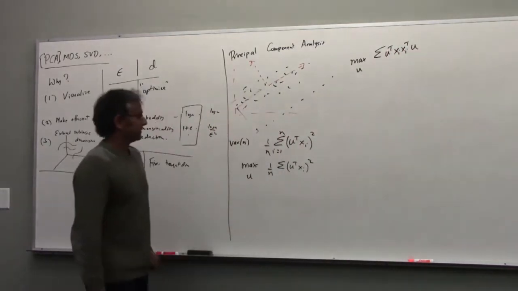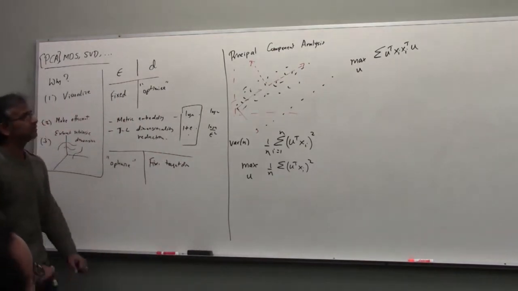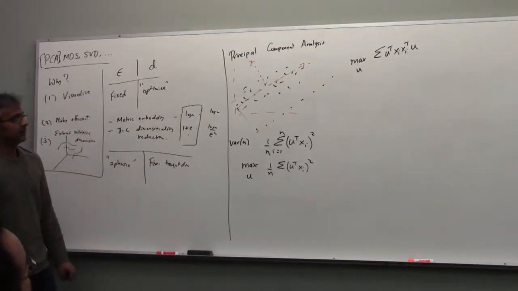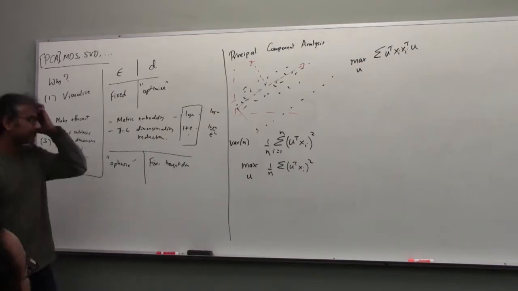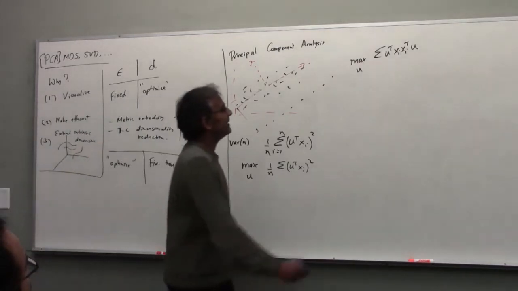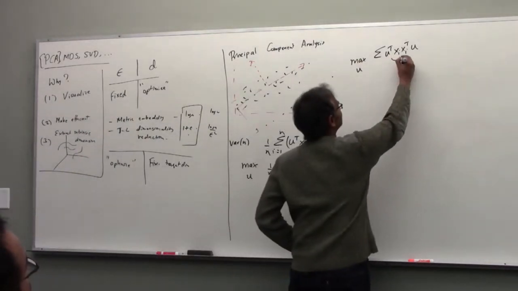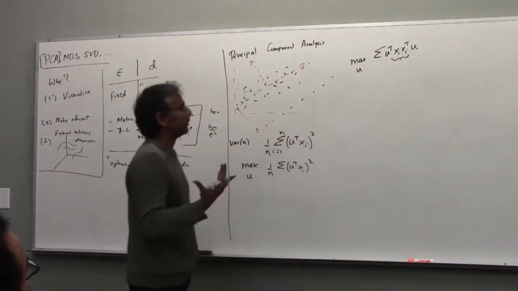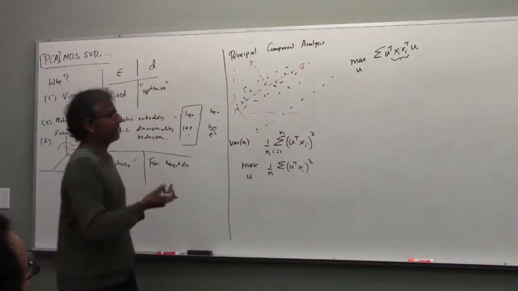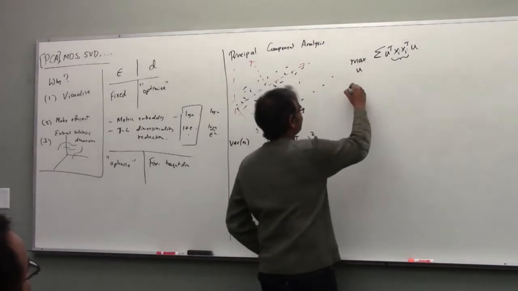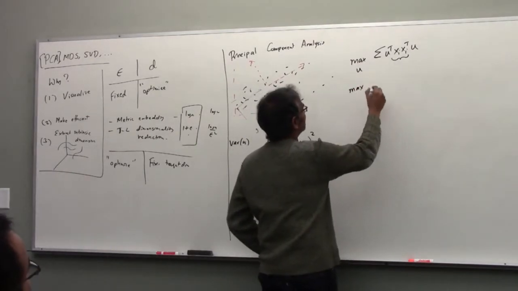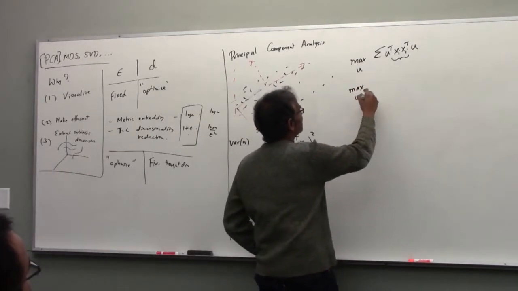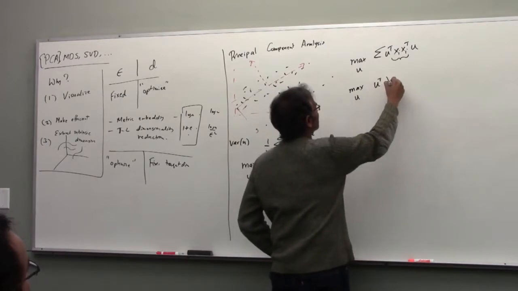Now this, of course, is a constant. It's an input, right? So just call this capital X. So we'll maximize over u u transpose X u.